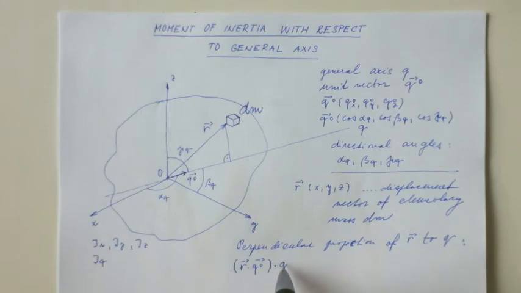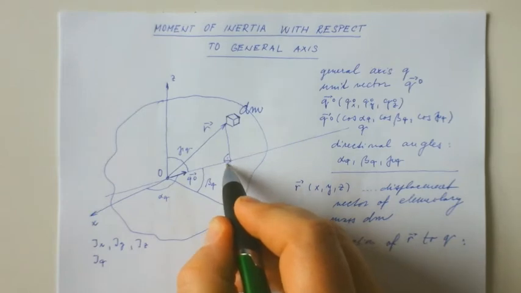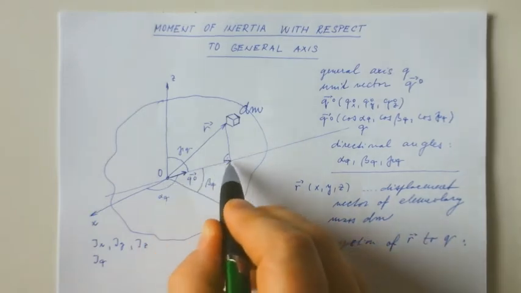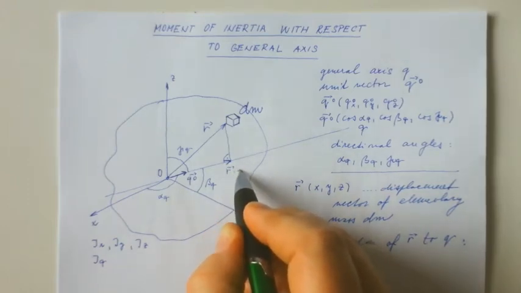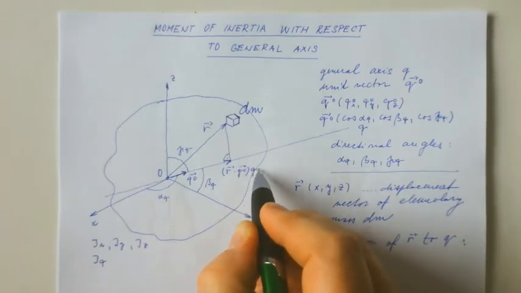But since this one is a vector of kind 1, we give this size vector properties. So now by this calculation I got this vector. It is the vector (r dot q0) q0.